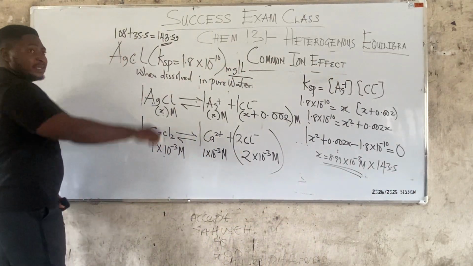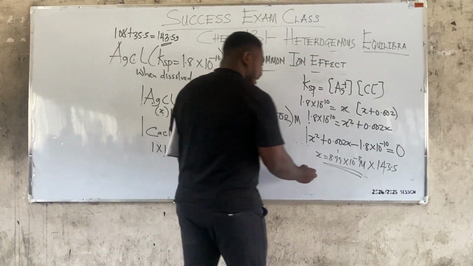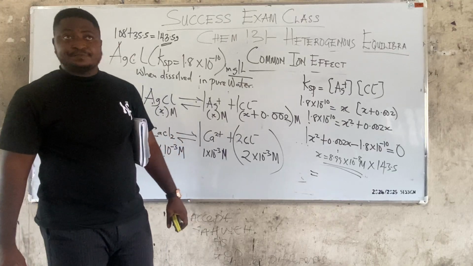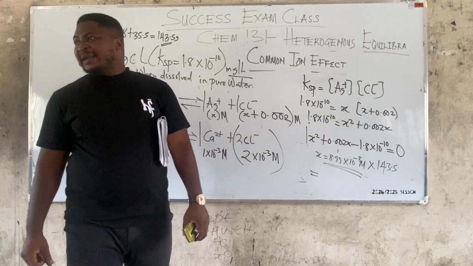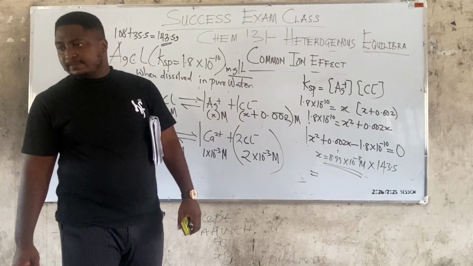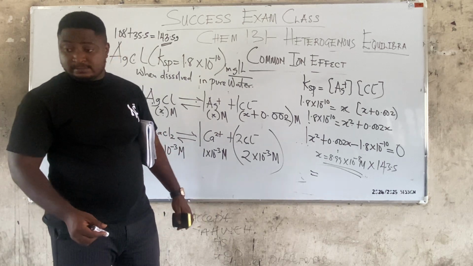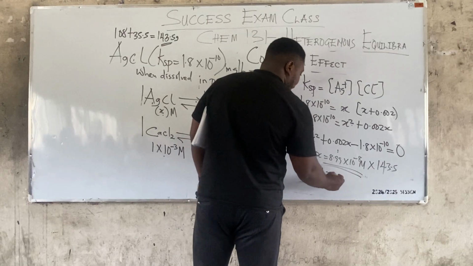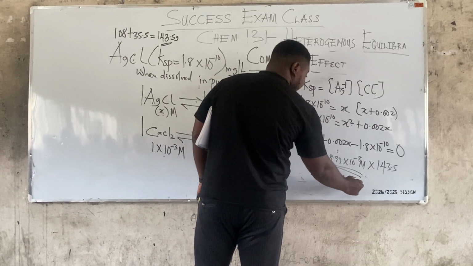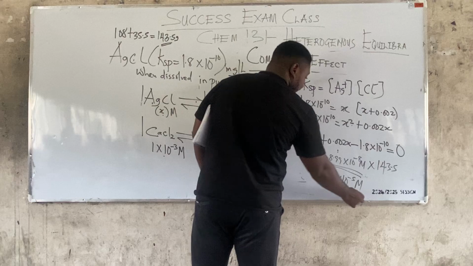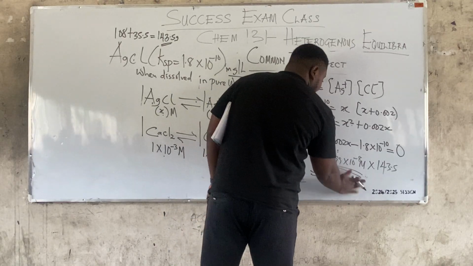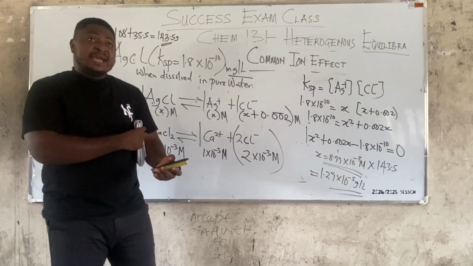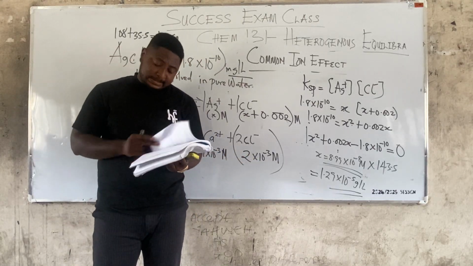Now give me the final answer in gram per liter. 1.29 times 10 raised to minus 5 gram per liter.